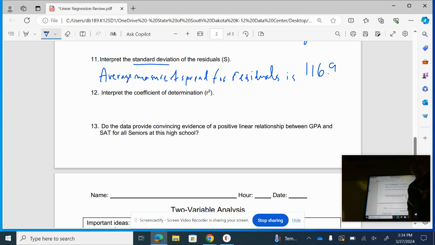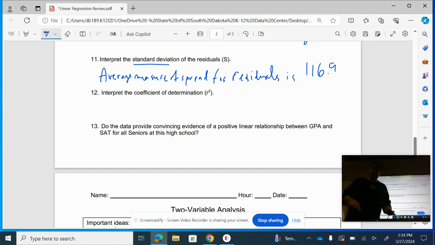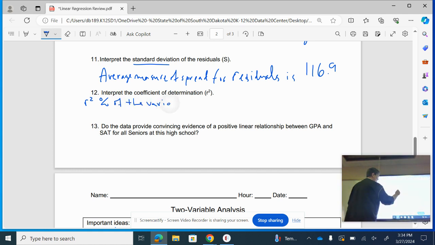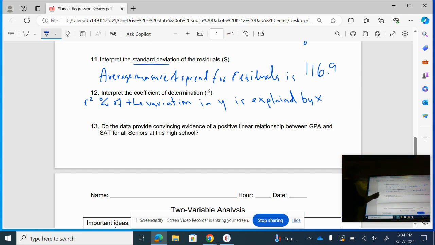All right, number 12, R squared. You should know how to do R squared, but I'll go through it again. If you did the My Math Lab for the last one, it has a couple R squareds on there that you should have done. But R squared, the basic sentence you need to memorize: R squared percent of the variation in Y is explained by X. So how should I do that one in this problem?